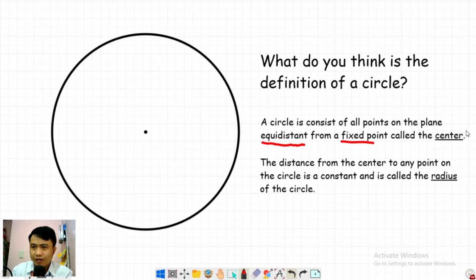Tawag po dyan, that is our center. I hope class clear sa inyo yon, no? So again, this point, papangalanan natin, this is the center. And this point is equidistant to all the points on the circle.